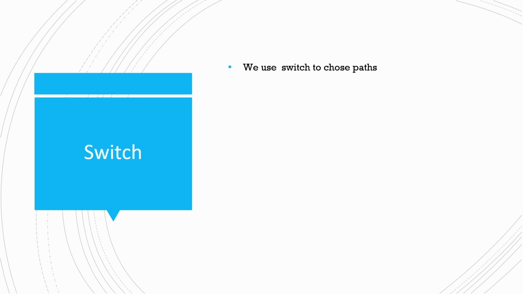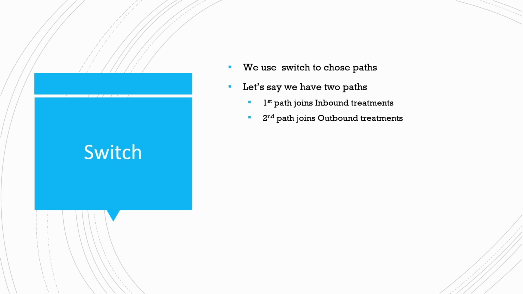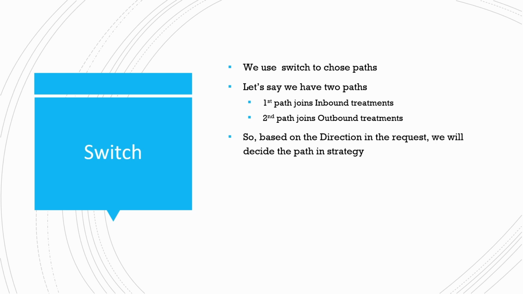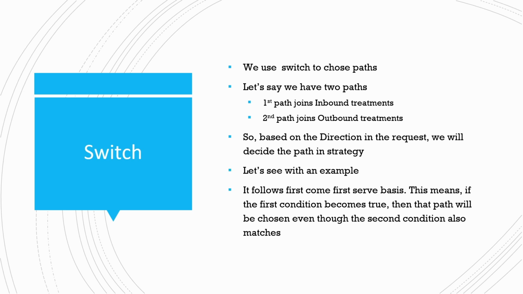We use the switch component to choose the path. As you see, we have chosen the path between the directions. We have chosen the path between the channels. Let's say we have two paths. First path, join inbound treatments. Second path, join outbound treatments. So based upon the direction in the request, we will decide the path inside the strategy that we have done already. Yeah, we have seen that example.